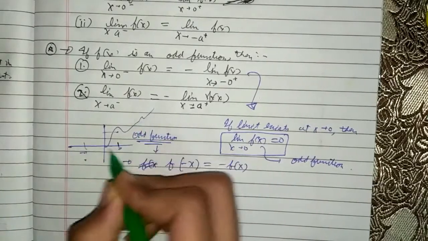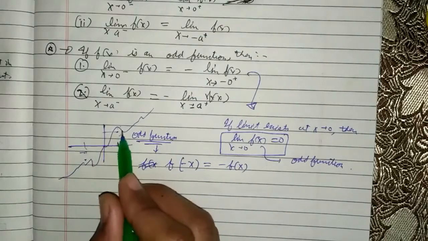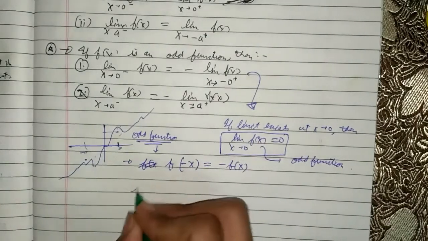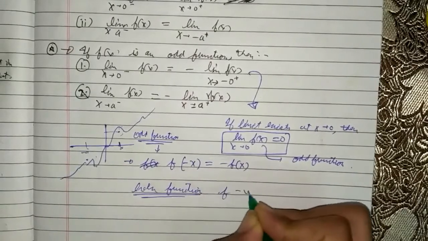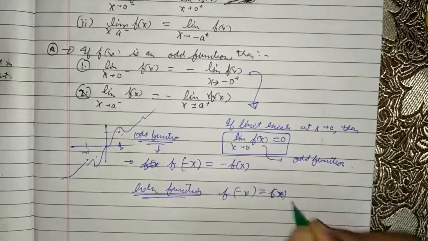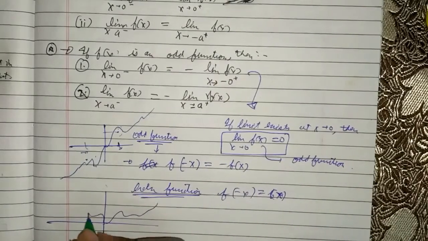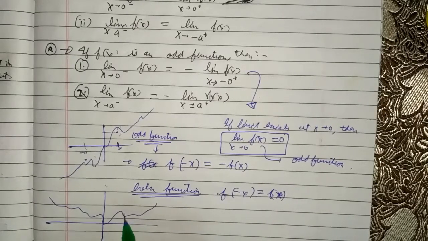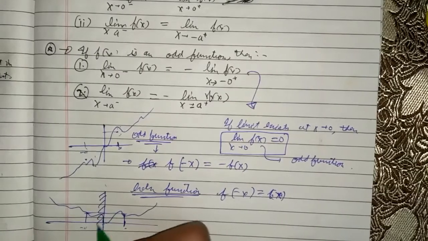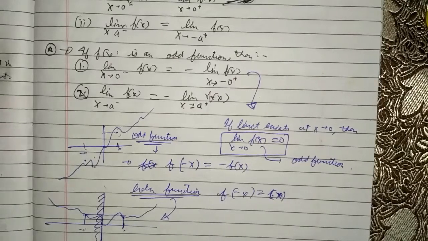So it looks like this, and the magnitude is absolutely the same, just with the negative sign. And even function is more obvious, that is f of minus x is equal to f of x. That is just a mirror image about the y-axis. At x equal to a it has value 2, and at x equal to minus a it would also have value 2. So now these two statements will look quite obvious to you.